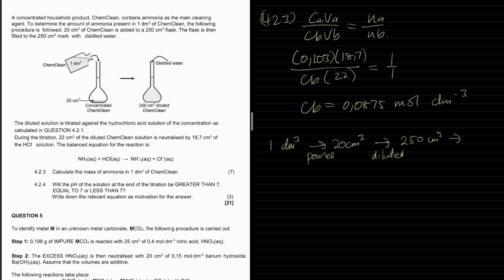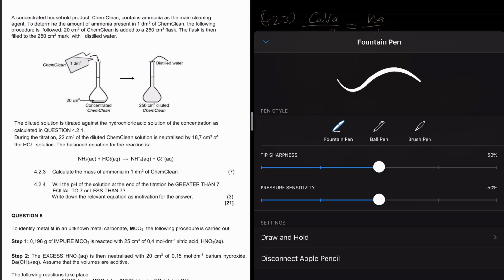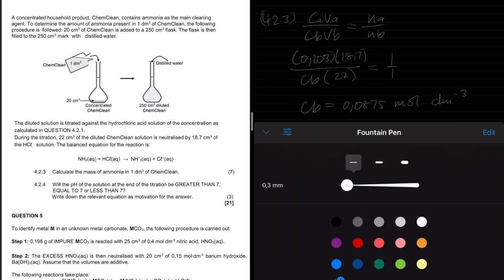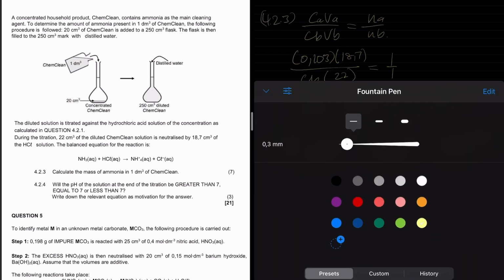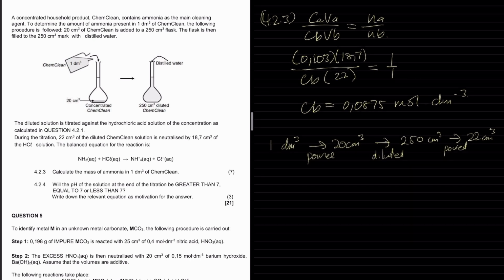And from here, you used 22 cm cubed, but you poured it here. Now, whenever you are pouring, let's use a different color, the concentration remains the same. So here and here, the concentration is the same.